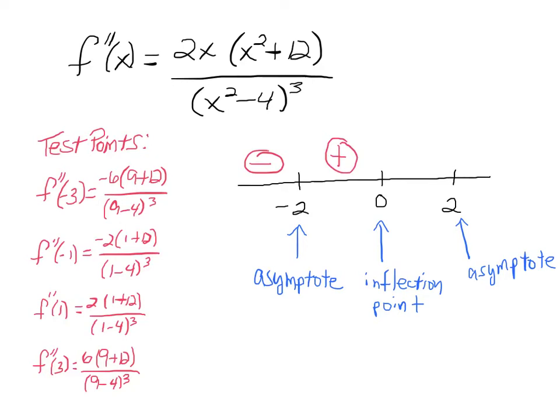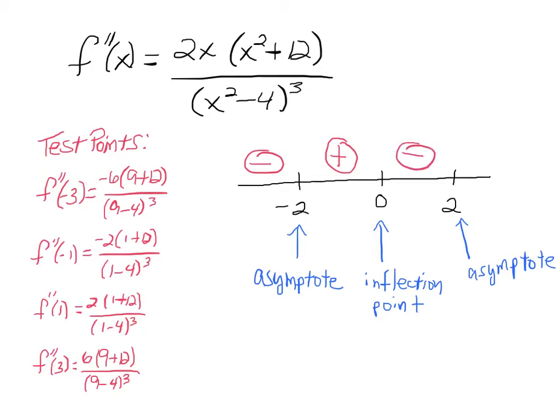And now I'm going to use a test point between 0 and 2, so I'm going to pick 1. If I plug in 1 for 2x, I get 2 times a positive number, and then 1 minus 4 is a negative number, and a negative to the third power will be a negative. So I have positive over negative, and that is going to be negative.